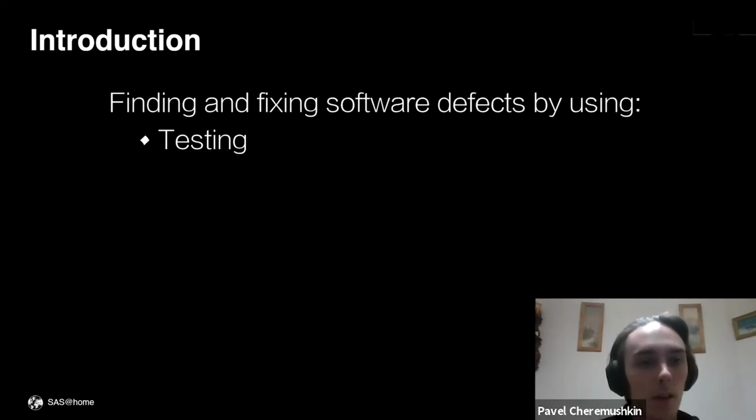Let's move on. So first of all, the first obvious step in testing software is by writing unit tests. While writing C code or C++ code, you don't want to break your software while making some changes.